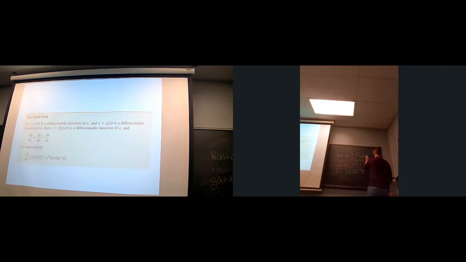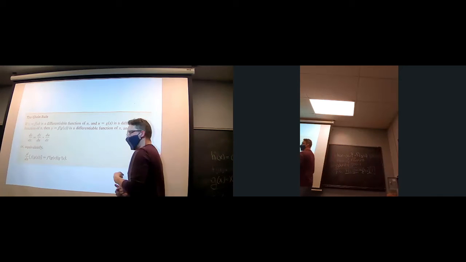Then what we're saying is that g of x has to be equal to u, and f of u has to be equal to u squared. Get what I mean? Kind of, sort of.